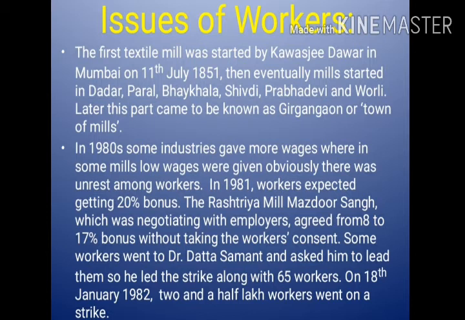Obviously there was unrest among the workers regarding their salaries. Then in 1981, workers expected up to 20% bonus for Diwali. The Rashtriya Mill Mazdoor Sangh, which was negotiating with employers, agreed to an 8% to 17% bonus without asking the workers about it.